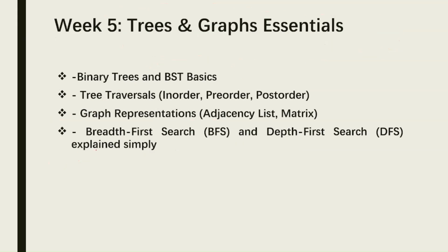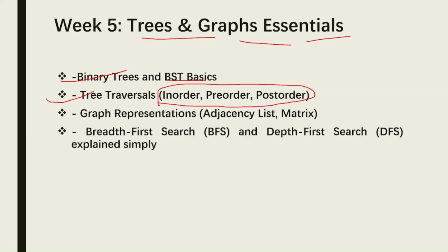And next is week 5. In week 5 we will discuss trees and graph essentials. In trees, there is the binary tree, and BST, which is binary search tree, with basics like elements. Next is tree traversal: in-order, pre-order, post-order. These three traversals are very important, they use recursion to traverse the whole tree in three ways.